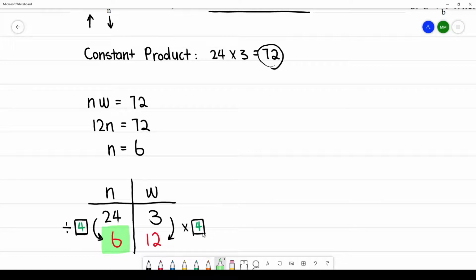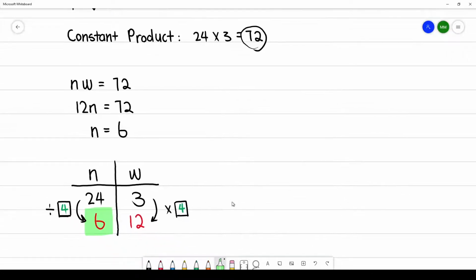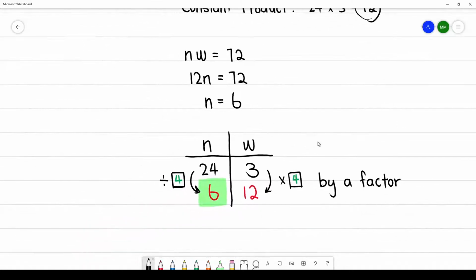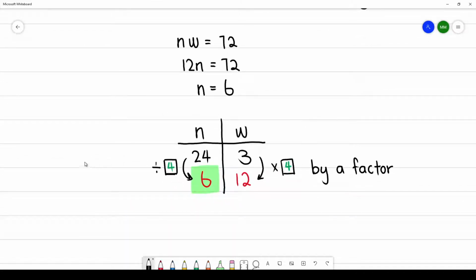When you multiply something by a factor, like this is by a factor of 4, what I said last time was that you change the other one by timesing it by 1 over that factor.